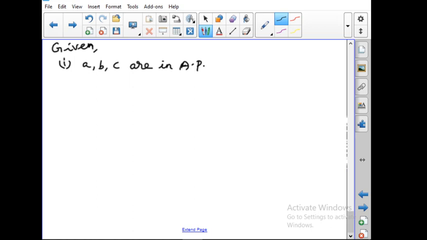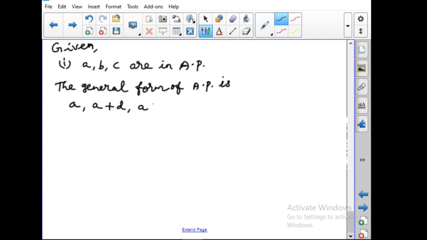Here we have to assume. We know the formula, the general form of an AP is a, a plus d, a plus 2d, a plus 3d, etc. Here A, B, C are in AP, so we have to compare the general form and the given form.